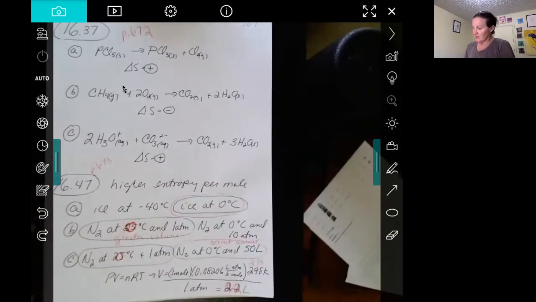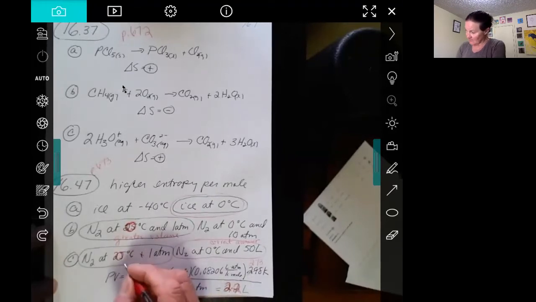And so C is similar. You start out at 0 degrees STP and 1 atm goes to 0 degrees and 50. So the temperature stays constant, but now it goes to 50 liters. Well, you can't compare atmospheres to liters. So I took the initial sample and used the ideal gas law to figure out what the volume was of the gas here.